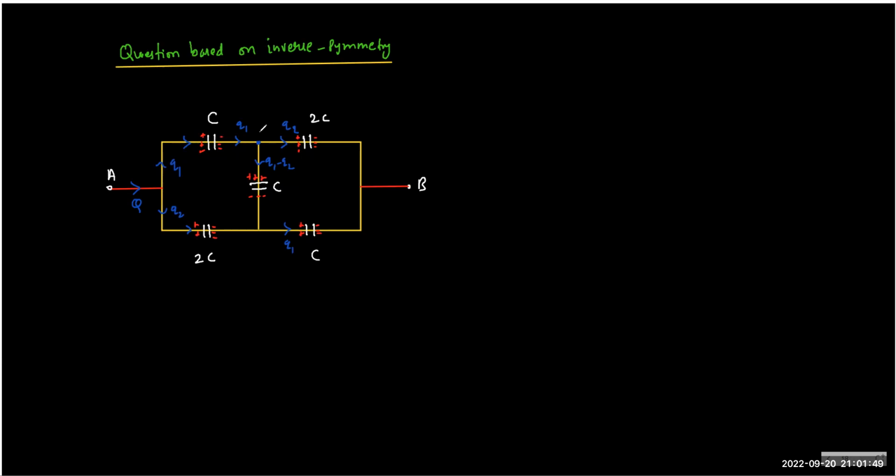So the first thing I want to understand is, if you just ignore the terminals, because the terminals are A and B, whenever it comes to the connection of a cell, I'll connect it across this, right? So this question cannot be solved by the regular method.